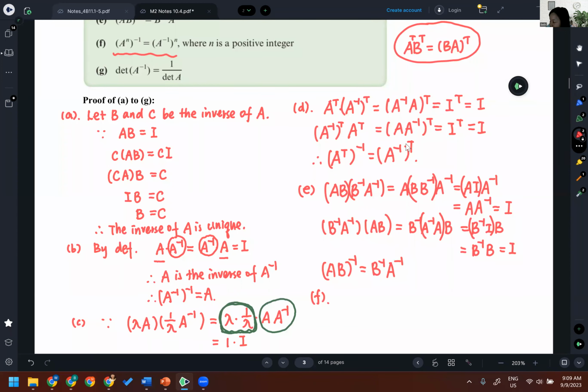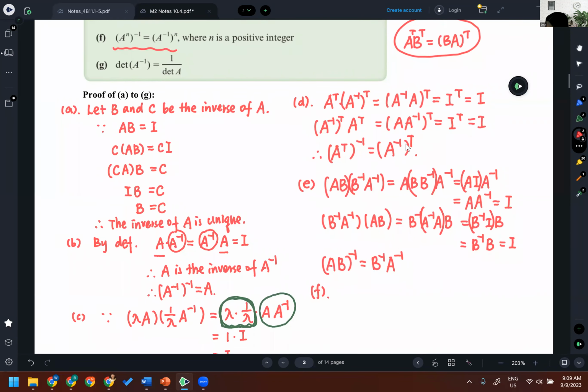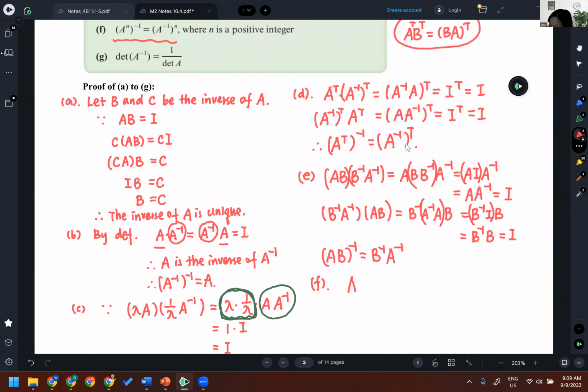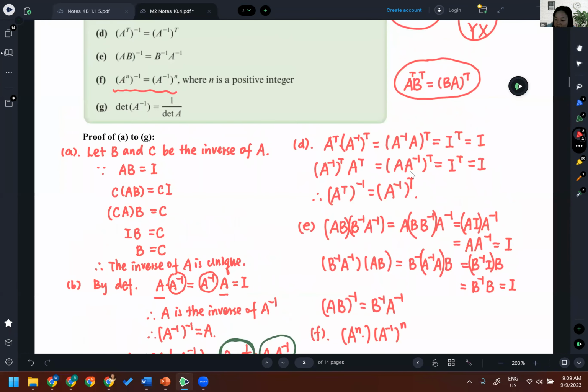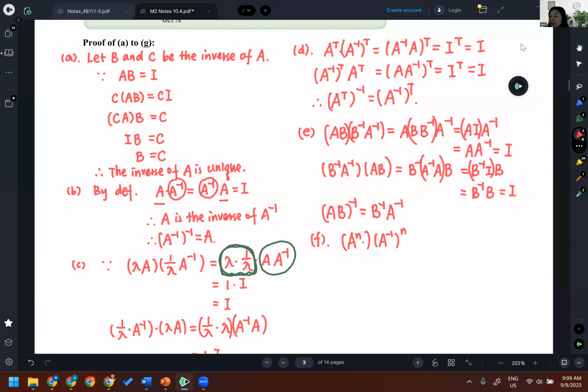Do we check if A to the power of n times A inverse to the power of n equals I? Correct. Now, basically, you see it's X inverse equal Y. You need to multiply X with Y. Let's check if this is really equal I, then okay.